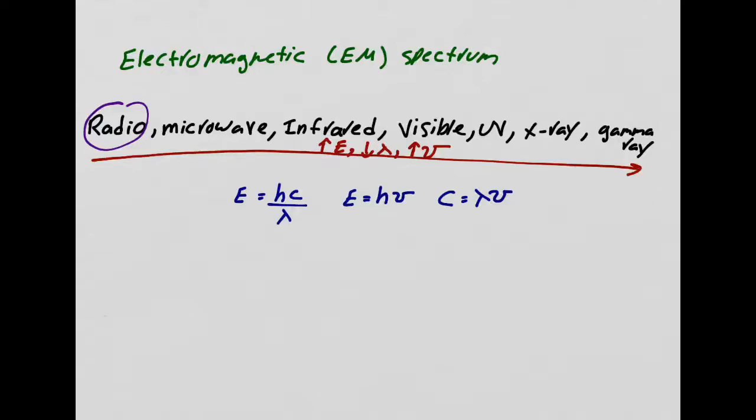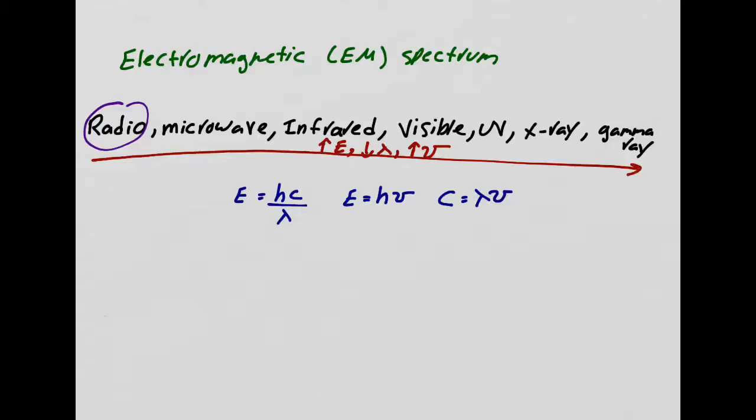All right, so let's go back to the NMR. We said radio energy is what we're going to use, but this is a low energy. It's just enough to change the nuclear spin of some element. It's not enough at all to excite the electron, or even to cause the vibration of covalent molecules.